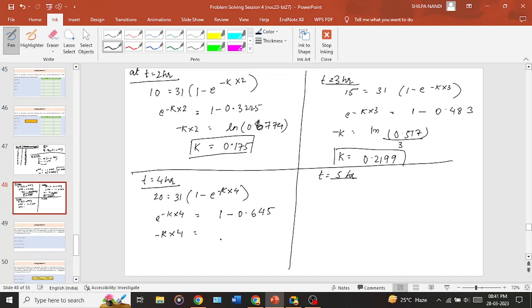If we write this in terms of ln, it will come as 0.355. K will come as 0.258.